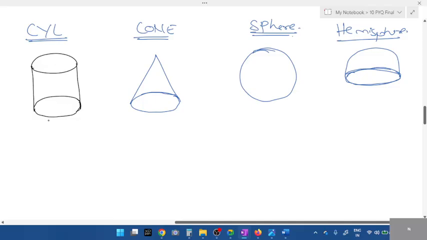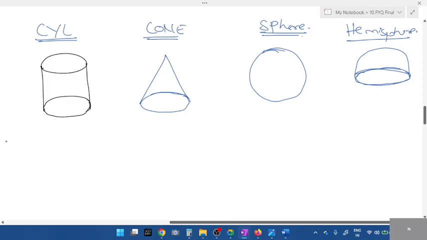Now, cylinder. When it comes to cylinder, cone, hemisphere, or sphere, we have three formulas, students. First, volume. What is the volume? See, compare volume with area. What is the area of a circle? Always take the circle. Area of a circle is pi r square. So compare this with volume.